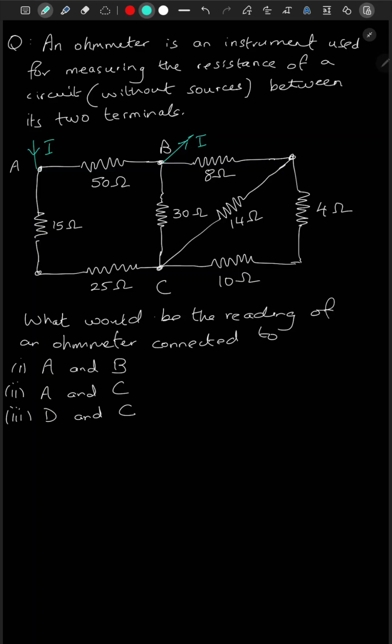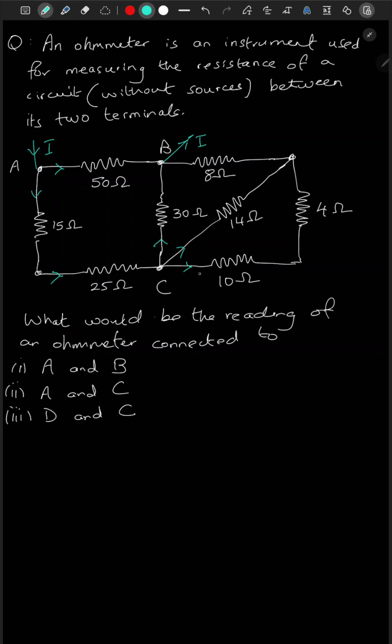So first, when it enters this node, it would go towards a 50 ohm resistor, and then it would go to the 15 ohm resistors, and again it would pass through this point, and when it reaches C, it would go into 3 branches. And the current will divide.